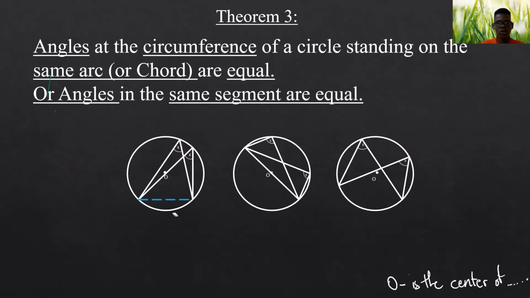Or you could look at the arc they're standing on, or draw a line from point to point and get a chord. Either way, they're standing on the same thing. So they're equal: x equals x. Whatever x is over here will be the same angle over here.